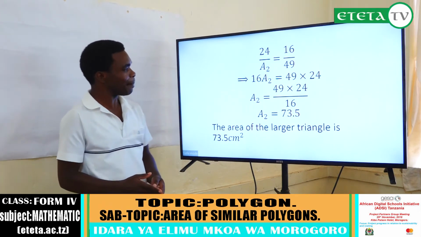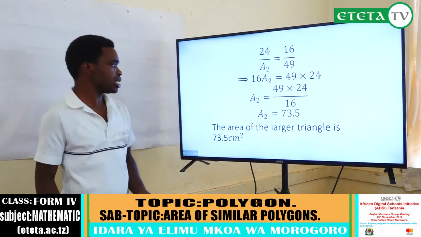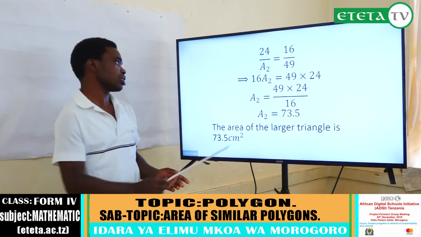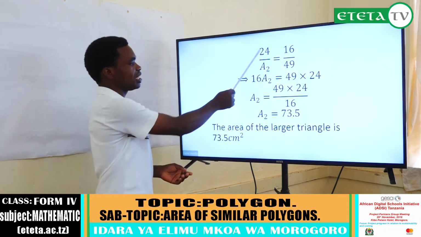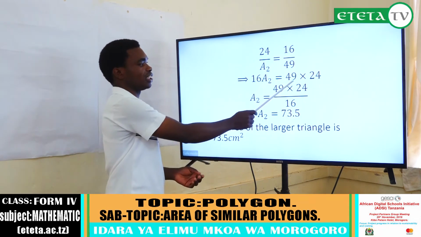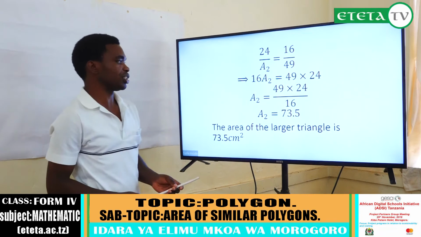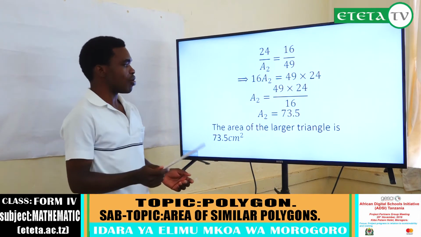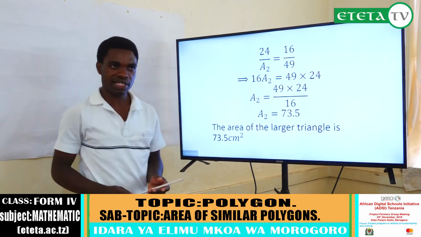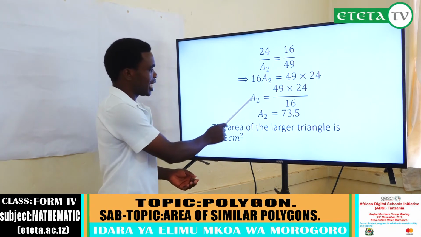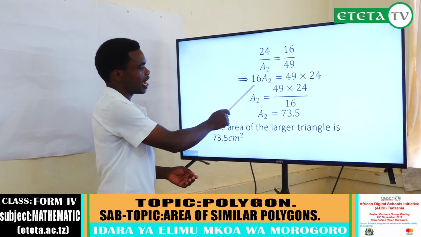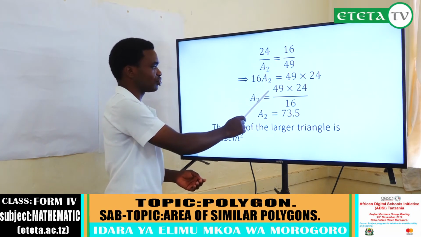Now here you can apply cross multiplication. Doing so, you get 16 A2 on one side and 49 times 24 on the other. Because our aim is to find A2, which is the area of the bigger triangle, we make A2 the subject. We divide by 16 on both sides.